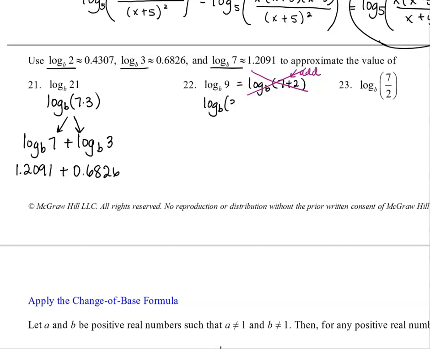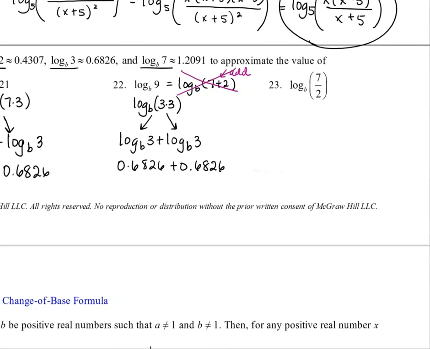But we do have a rule for multiplication on the inside of the logarithm, and 3 times 3 is 9. So we could then break this up into log base b of 3 plus log base b of 3. You also could have used the power rule for number 22. We were given that log base b of 3 was 0.6826, so we could add this to itself to get our answer for number 22.